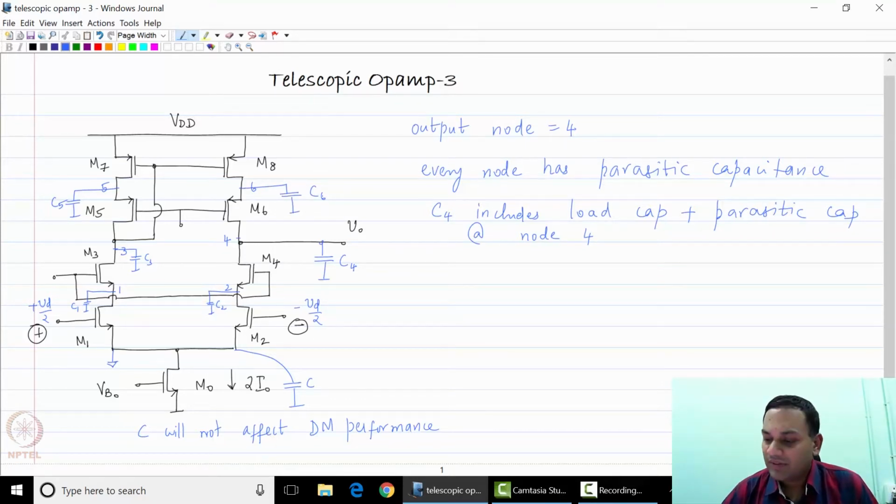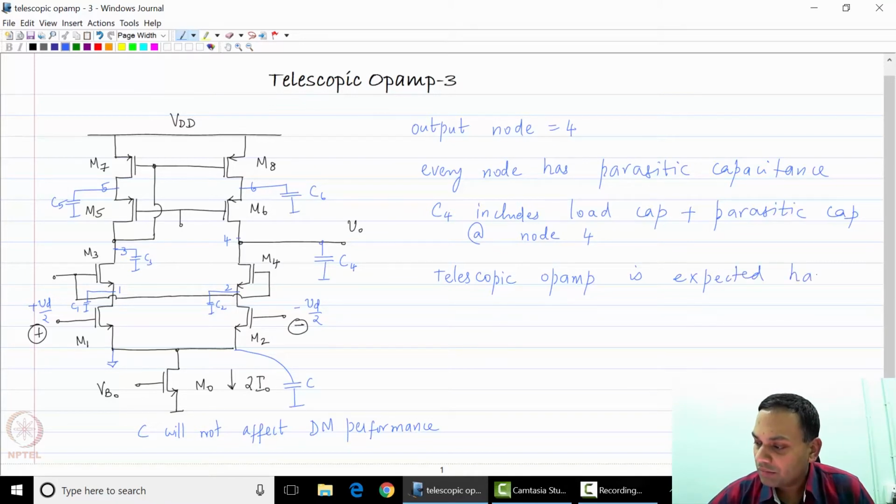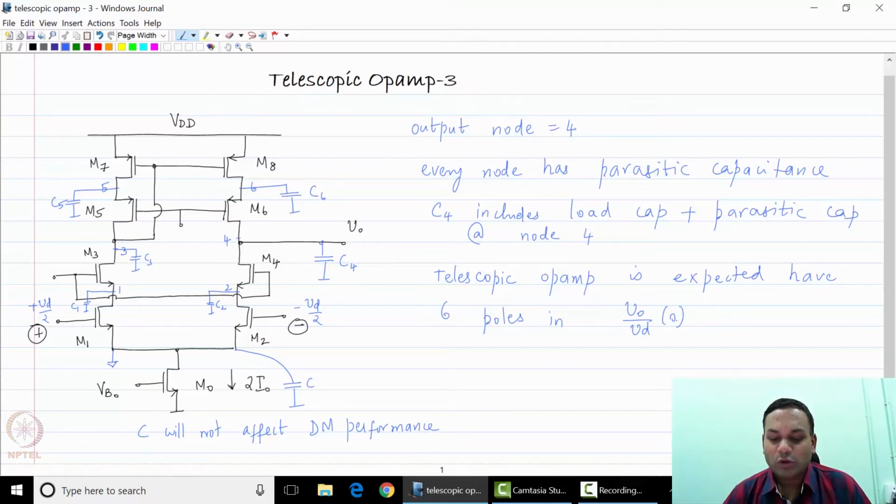So as you might imagine, the telescopic op-amp is expected to have six poles in its transfer function, because you will have signal current flowing through every one of these capacitances at high frequencies.